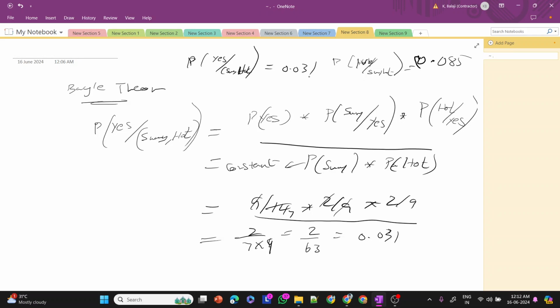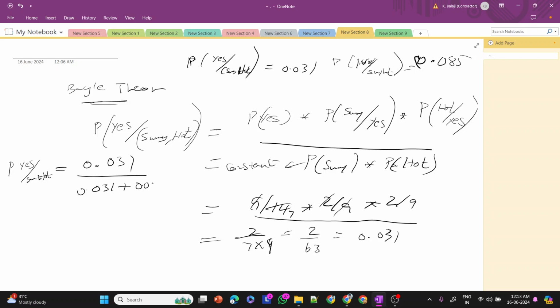To know the percentage of each event, we need to normalize. For the probability of yes when sunny and hot, we divide 0.031 by 0.031 plus 0.085 to get the exact percentage value.